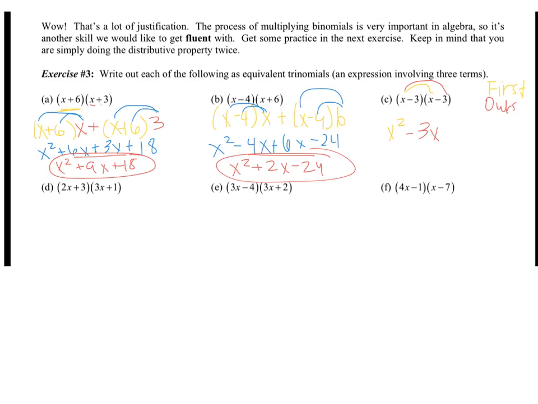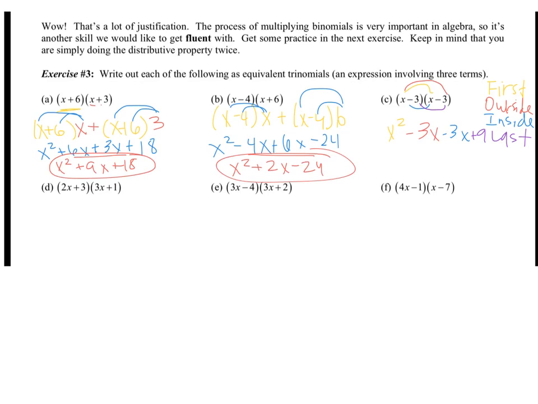So outside. Then we do the inside numbers. So negative 3 times x is negative 3x. Inside. And our last one is our last numbers. So last. Negative 3 times negative 3 is positive 9.